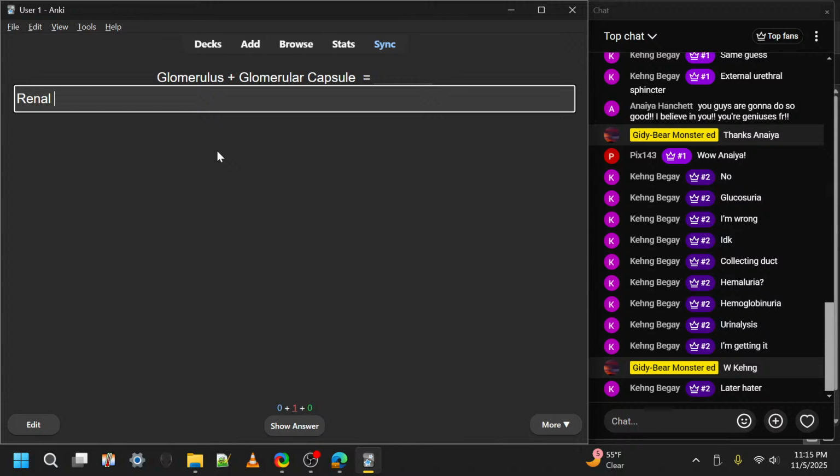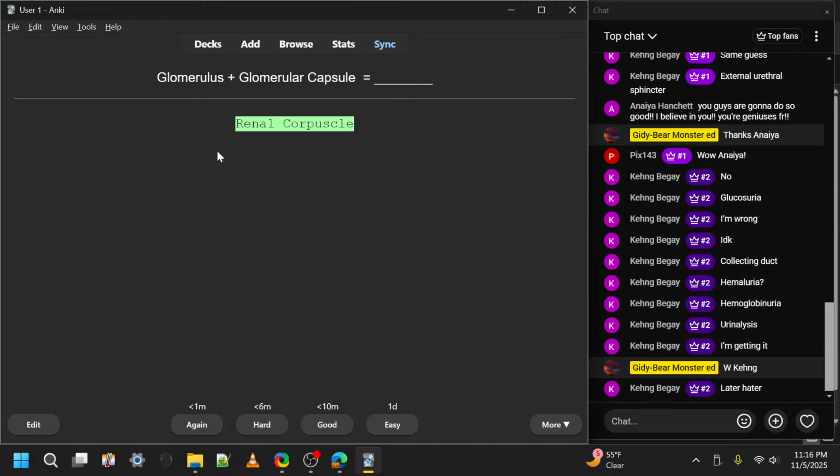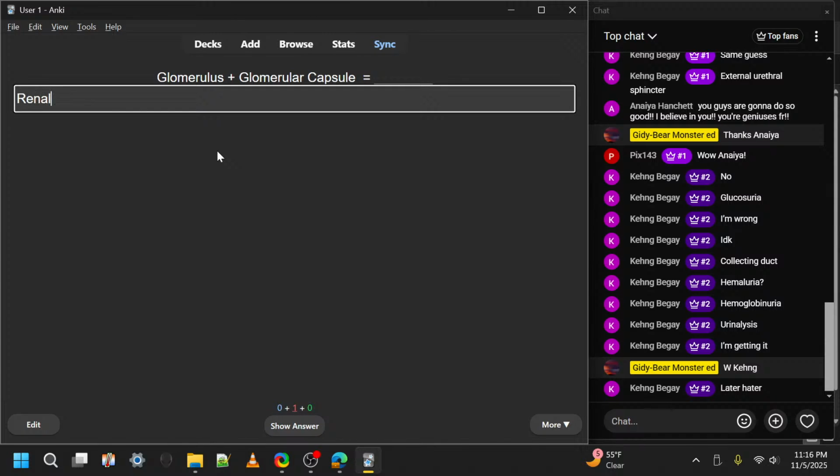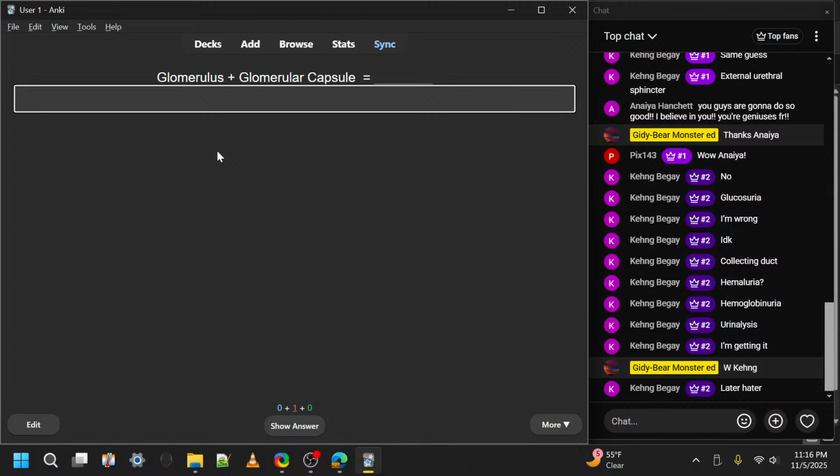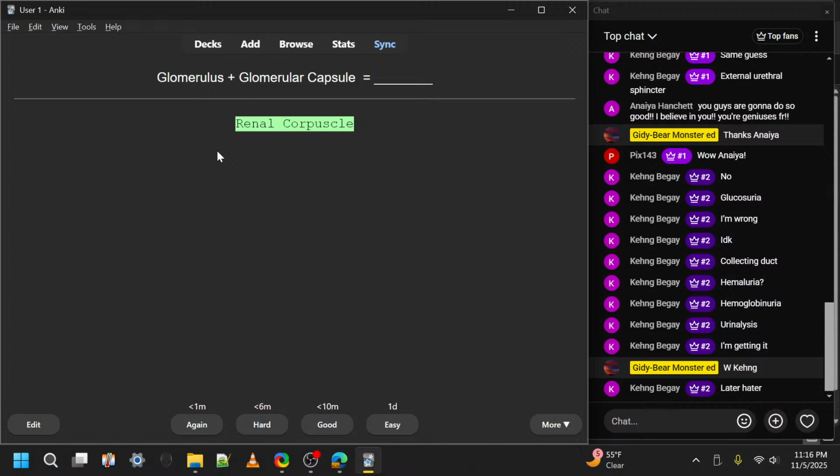Renal corpuscle. Renal corpuscle. Renal corpuscle.